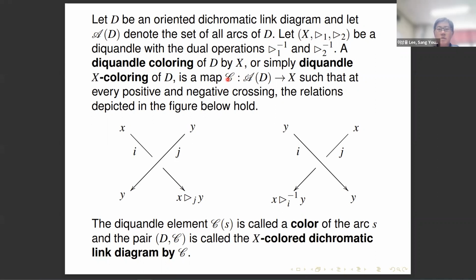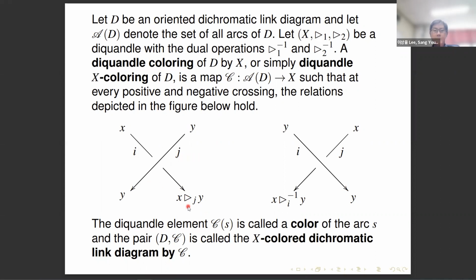Then a diquandle coloring of D by X, or simply a diquandle X-coloring of D, is a map from the set of arcs to the diquandle X, such that at every positive and negative crossing, these coloring relations are satisfied. Okay? So this is the label of the components i and j. Of course, i and j are equal or not, and 1 or 2 also.